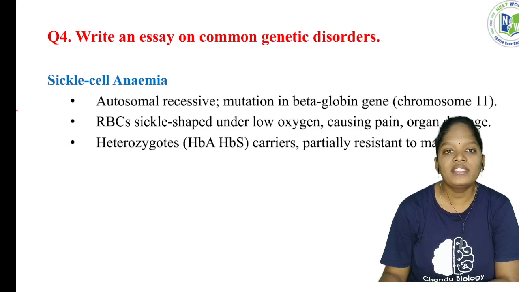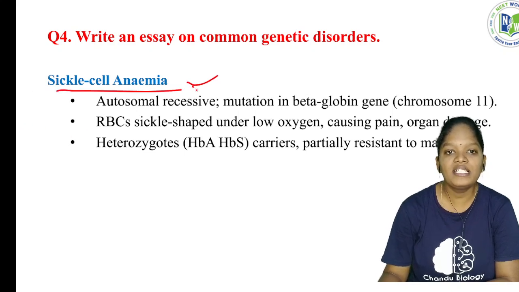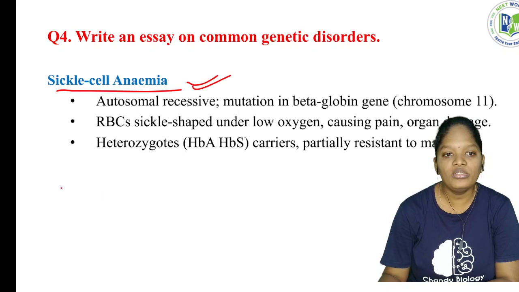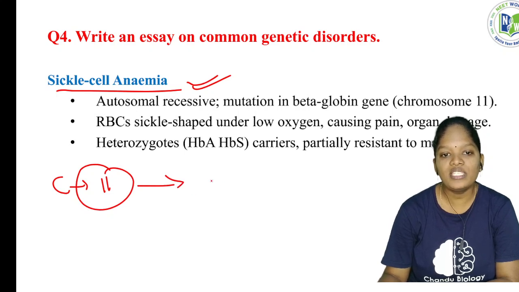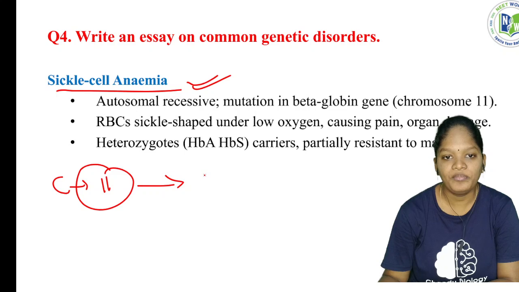Now the second genetic disorder is sickle cell anemia. You should know that chromosome 11 is responsible for the hemoglobin structure.